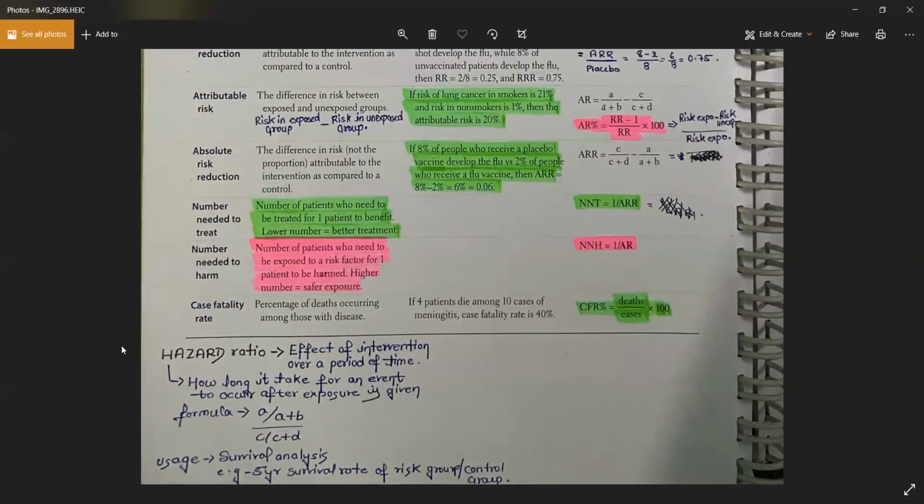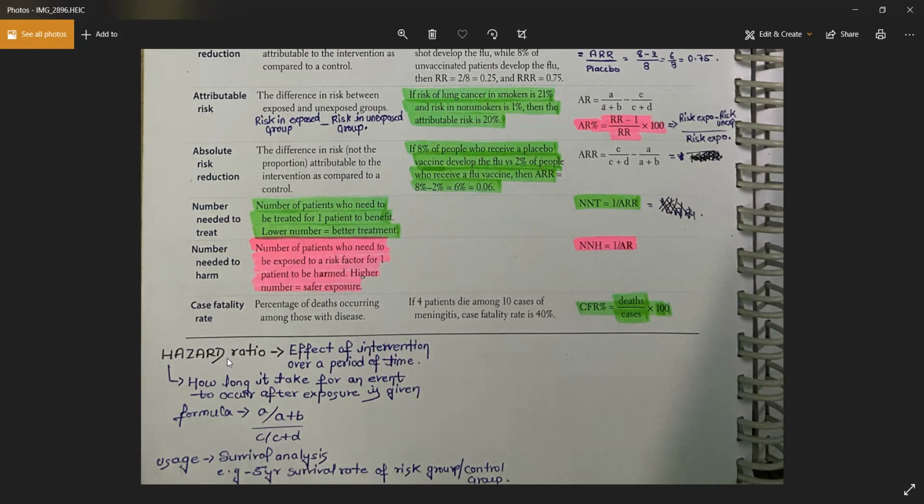Then comes the hazard ratio, which is the same as the relative risk. So they will either tell you the relative risk or they will mention the term hazard ratio. Do not get confused. The hazard ratio just tells you the effect of a certain intervention over time. Whenever Step 1 asks you how long it will take for the event to develop the disease, there is an exposure, and after the exposure the event happens.